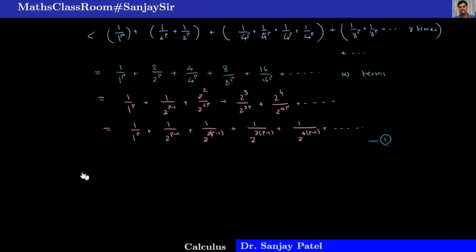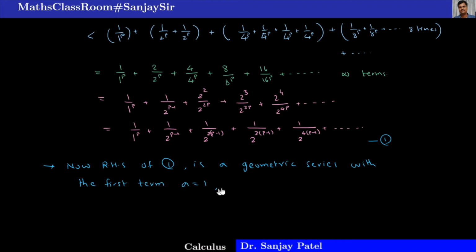Now, the RHS of result number 1 is a geometric series, with the first term a equal to 1, and the common ratio r equal to 1 upon 2 raised to p minus 1.